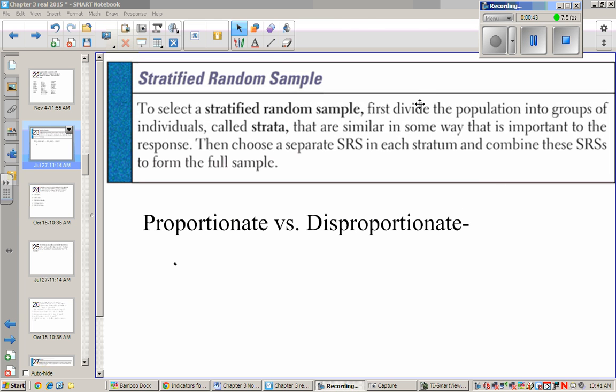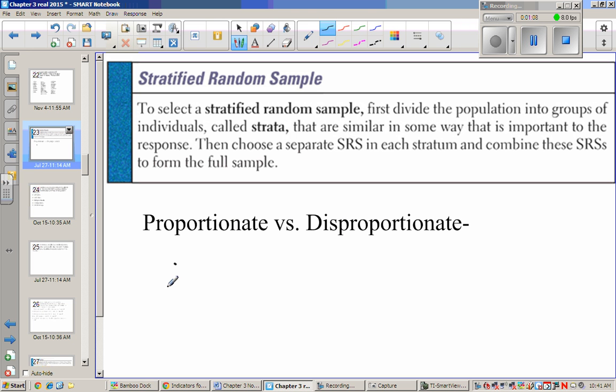full sample. For instance, let's say I'm polling Irondale students about a gender issue, women playing professional football in the NFL. I thought it would be interesting to look at the take of females versus males, and I wanted to make sure they were equally represented.